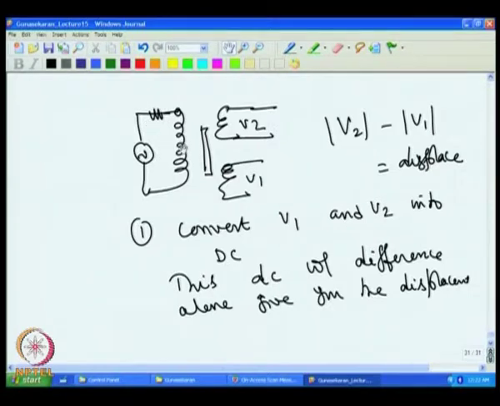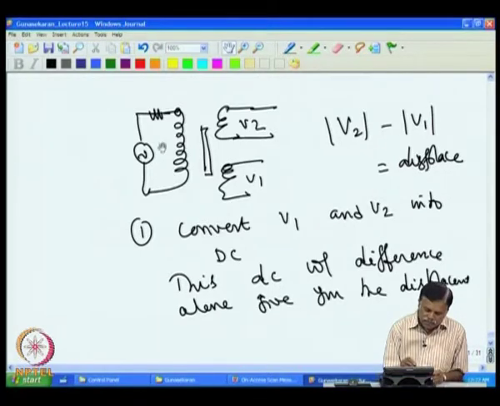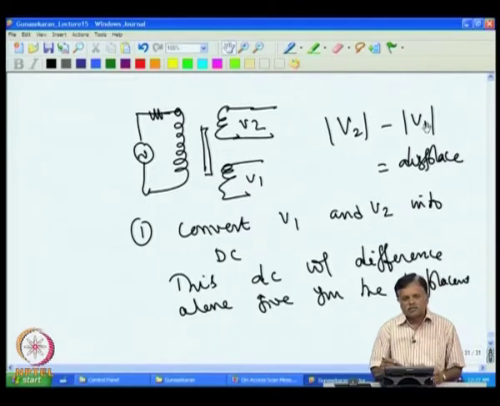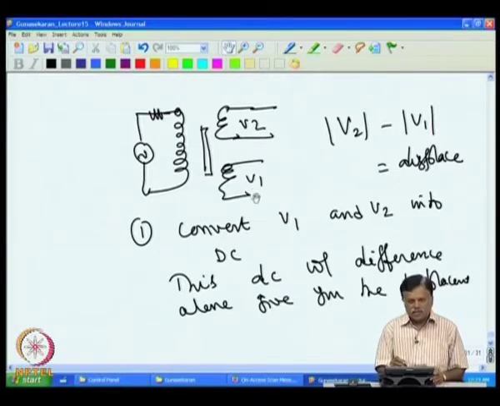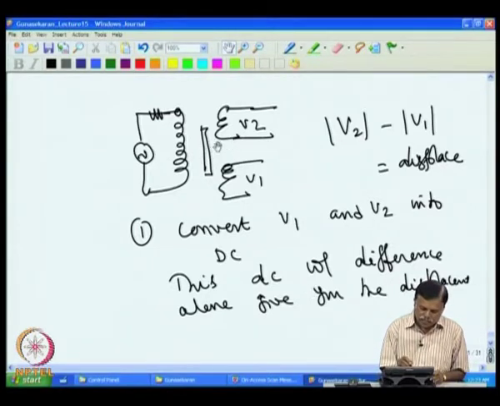So, as the temperature increases, this resistance increases, and consequently you have less voltage across this, even if the applied voltage is constant, and you will get reduced voltage in V2 and V1 proportionally, and that makes the V2 minus V1 difference also change with temperature. So, essentially for a given position, even if it is constant, the difference V2 minus V1 changes with temperature. This is because of the temperature change, mostly the resistance of the wire changes, and that creates a problem.